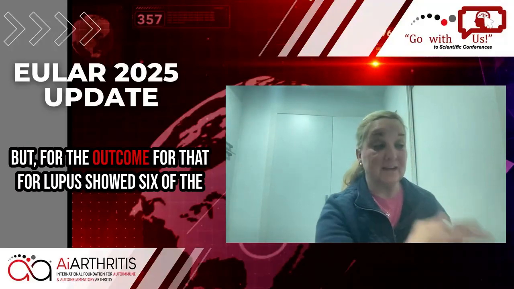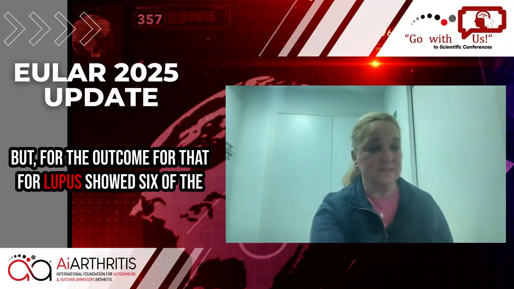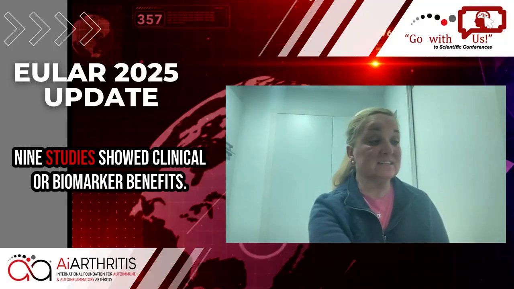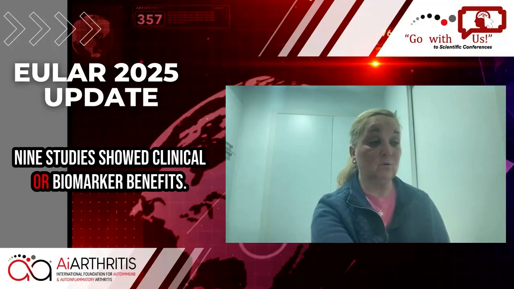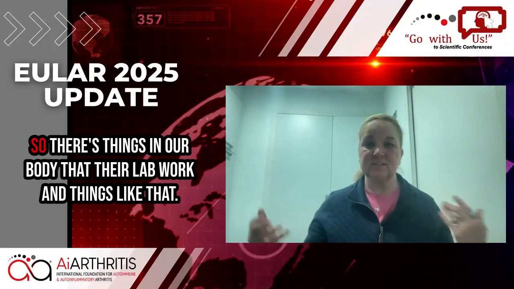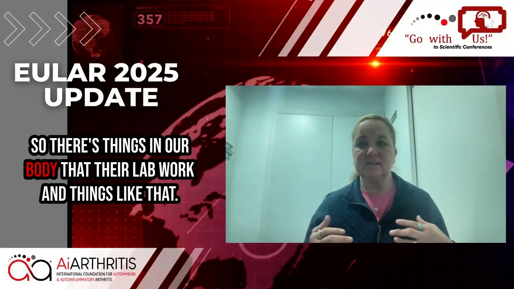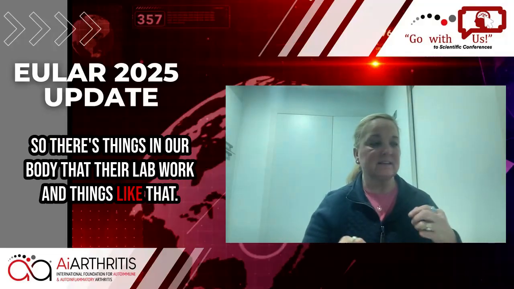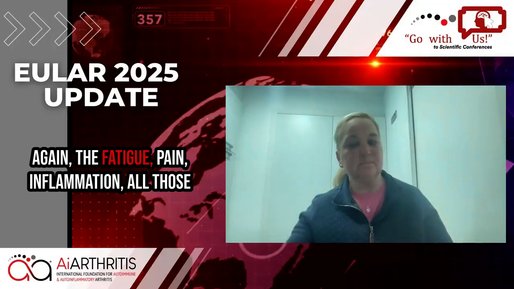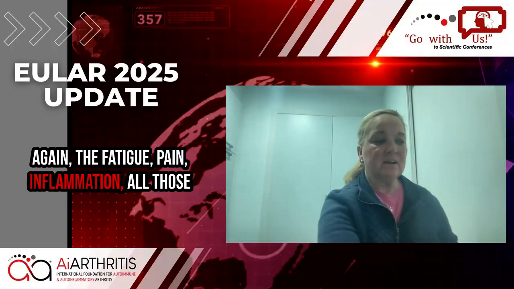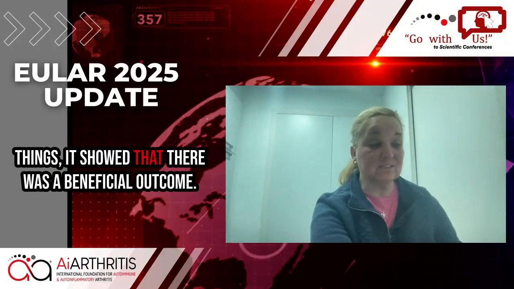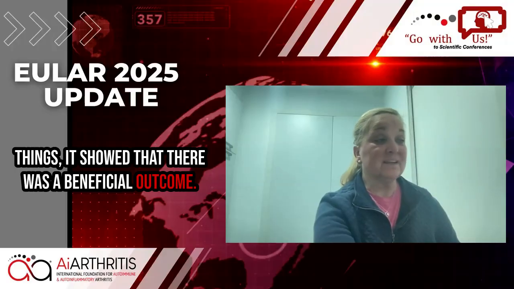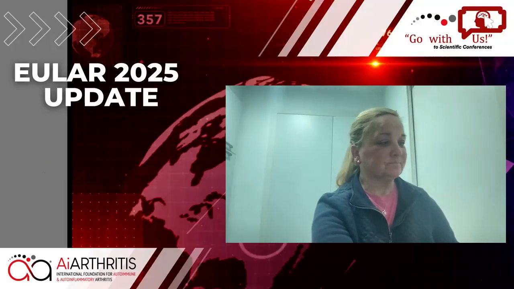But for the outcome for lupus, it showed 6 of the 9 studies showed clinical or biomarker benefits. So there's things in our body, in their lab work and things like that, again the fatigue, pain, inflammation, all those things, it showed that there was a beneficial outcome. So gotta love that.